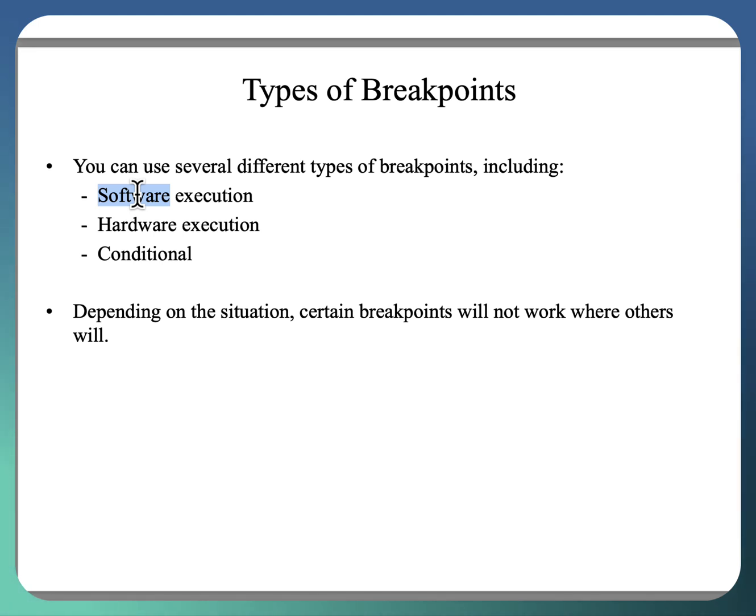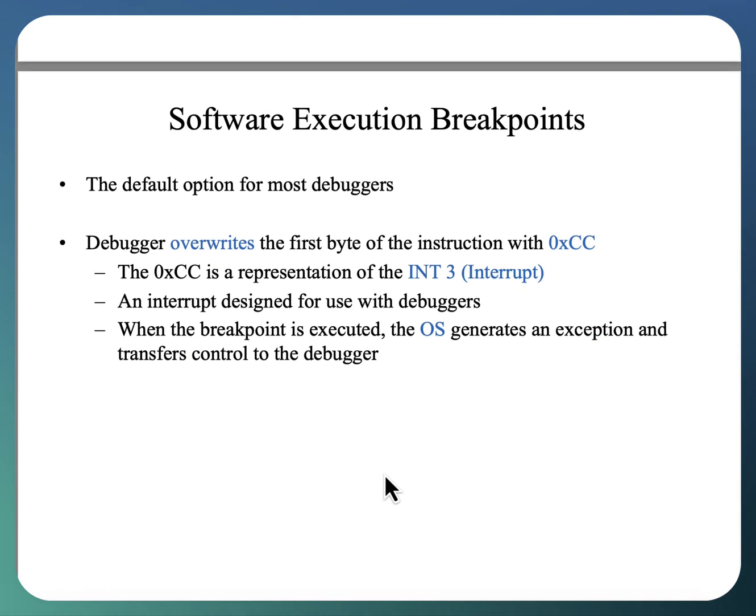So that's why they are called hardware breakpoints. And conditional breakpoints are breakpoints that you establish according to a specific condition. So, for example, if the value sent to a specific register is number 5, then it's going to stop, to freeze the execution at that point. Okay?